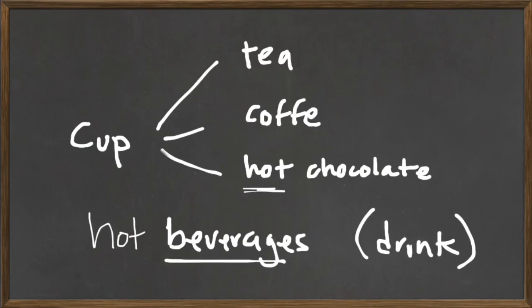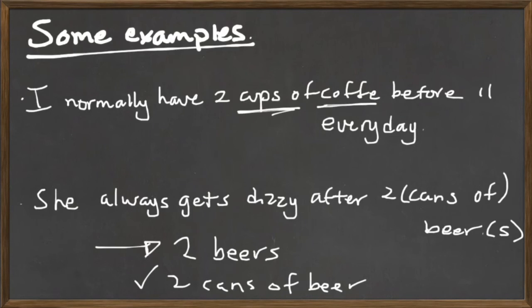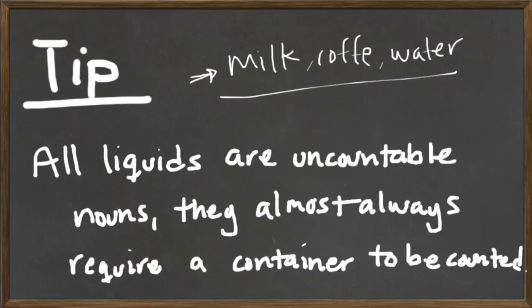And for cup, we normally have hot beverages such as cup of tea, cup of coffee, or cup of hot chocolate. And we went over some examples. I recapped a little bit on countable and uncountable nouns. Don't forget, you can say 2 beers or 2 cans of beer, being this one the correct one and this one the one people use. And a tip, don't forget about that.